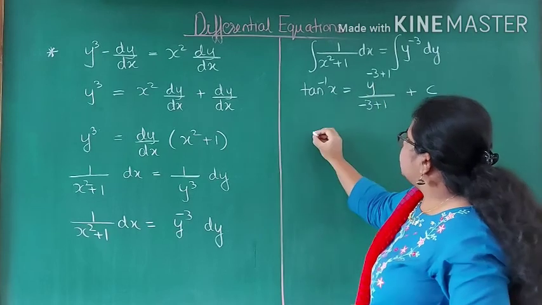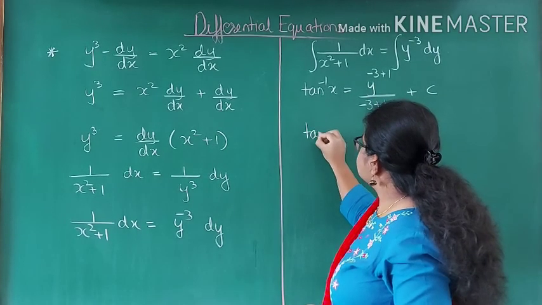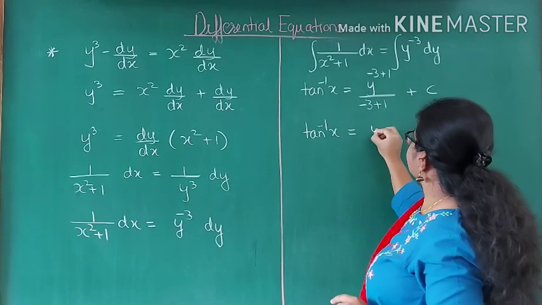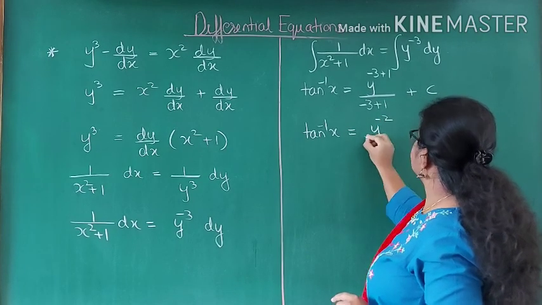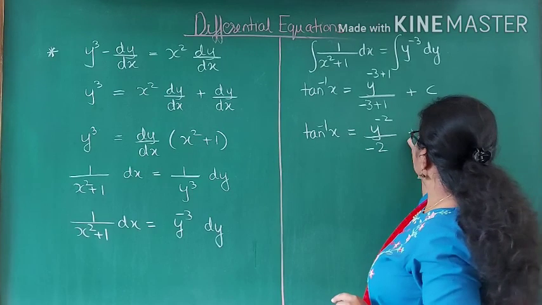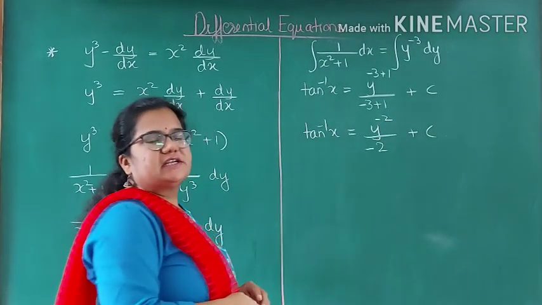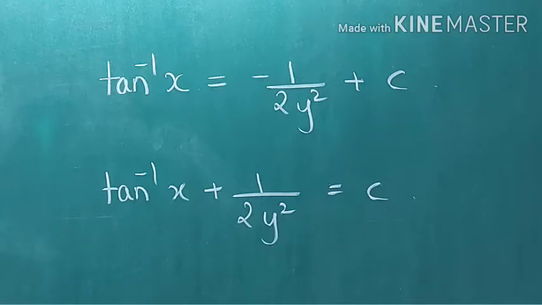Minus 3 plus 1 is minus 2. So this is tan inverse x equal to y raised to minus 2 upon minus 2 plus c. y raised to minus 2 can be written as 1 upon y square. After simplification, the answer becomes tan inverse x plus 1 upon 2y square is equal to c.